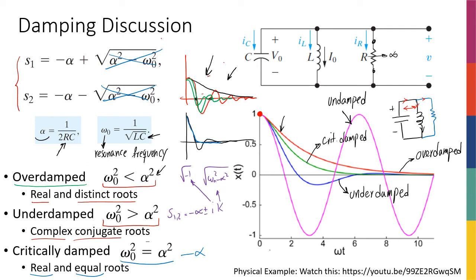If you're more interested in damping, it's not only a concept in circuits, it's a physics concept. There's a very nice video, with the link down here, that you can watch. It's a few minutes, but it's a nice physical experiment that clearly explains the concept of damping and what overdamped, underdamped, and critically damped mean.